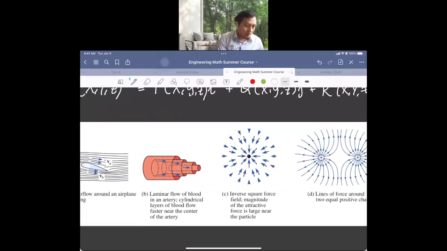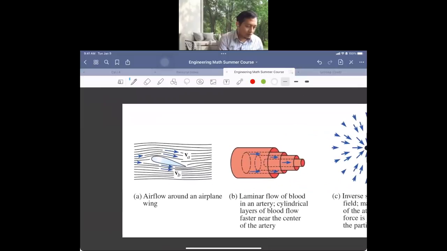I think it's easy to see that we may have an arrow like that. It has direction, it has some value, and we can define it as a vector, right? And in the field we have so many vectors that each have their own direction.